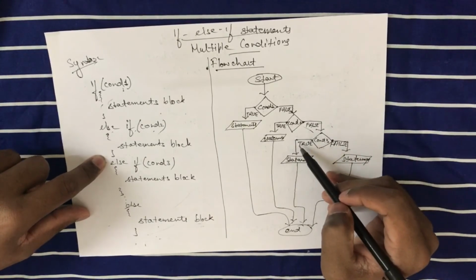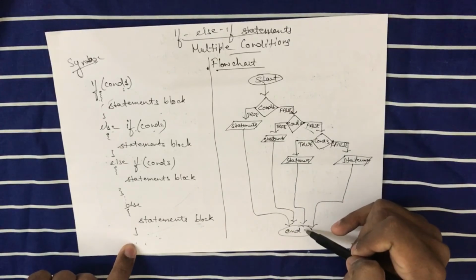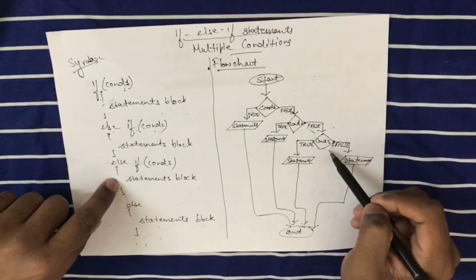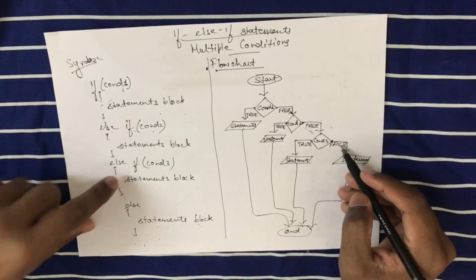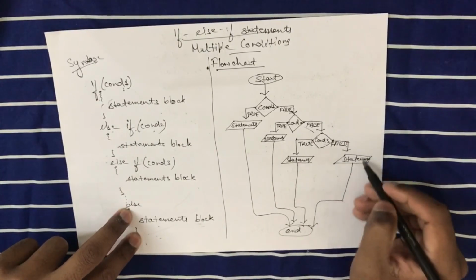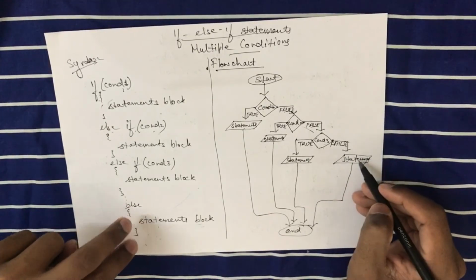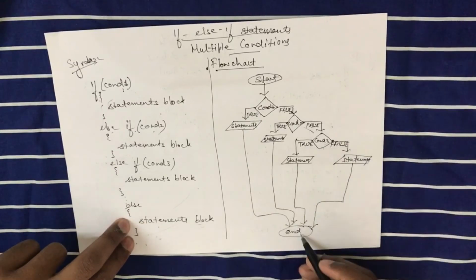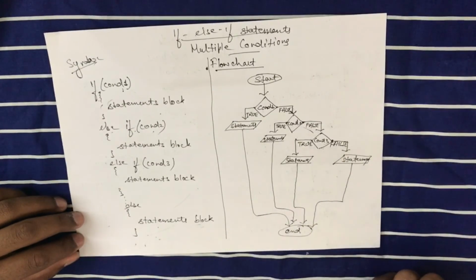If it's true, it executes the statement and comes to the rest of the code as usual. Or if this also gets failed, now there are no other conditions, it comes to the false part and executes this statement block, the false statement block, the else block. After executing this, it comes to the rest of the code. So this is how if else if statements work.